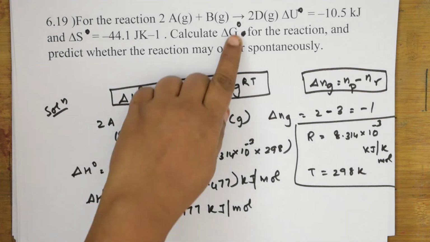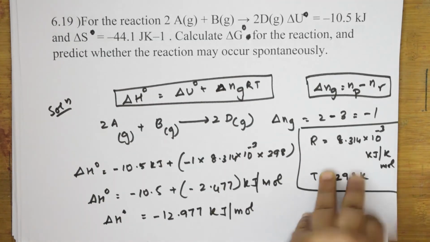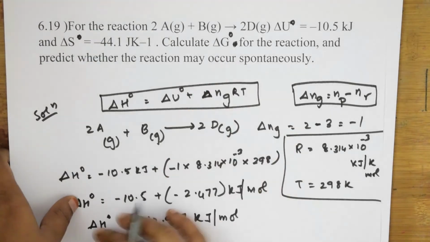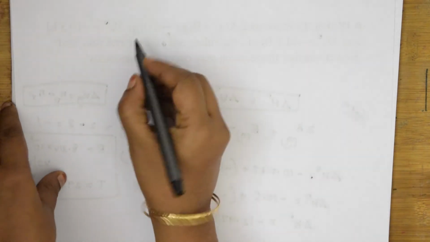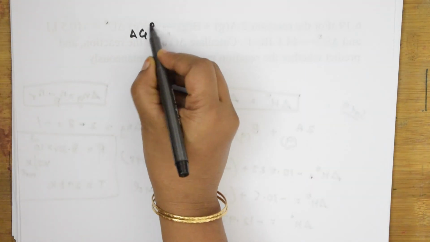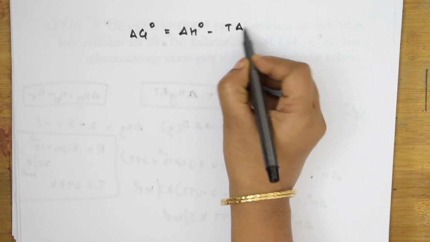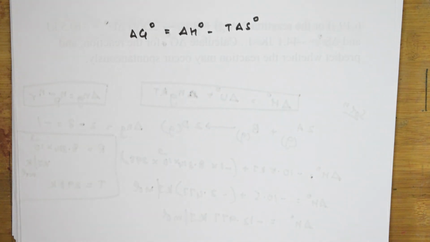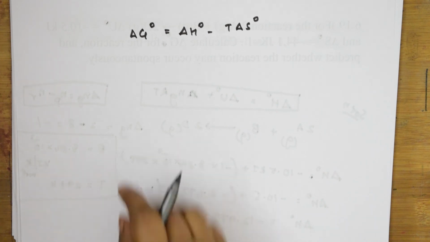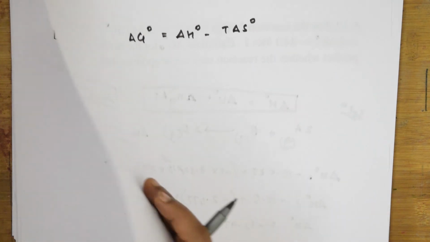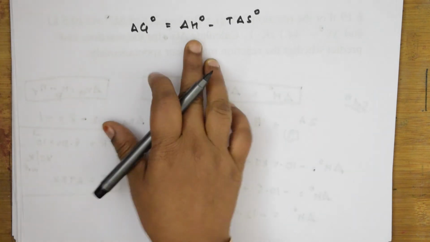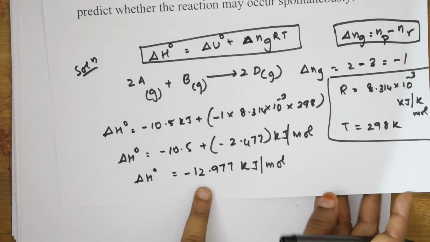I'm still not done. I need to find delta G naught, that is the Gibbs free energy change. What is the formula relating delta G and delta H naught? We very well know the standard Gibbs free energy change is equal to delta H naught minus T delta S naught, because it's standard. Delta H naught I already got: minus 12.977.